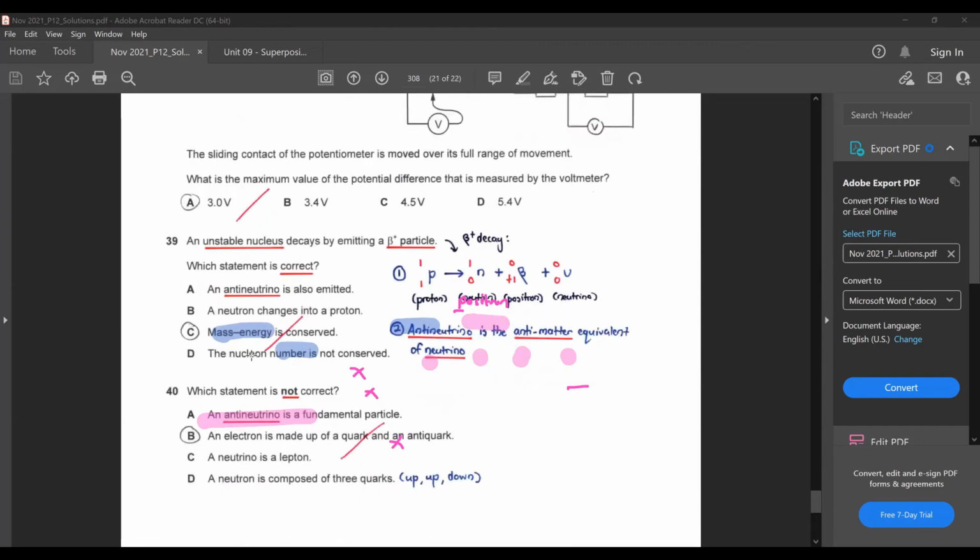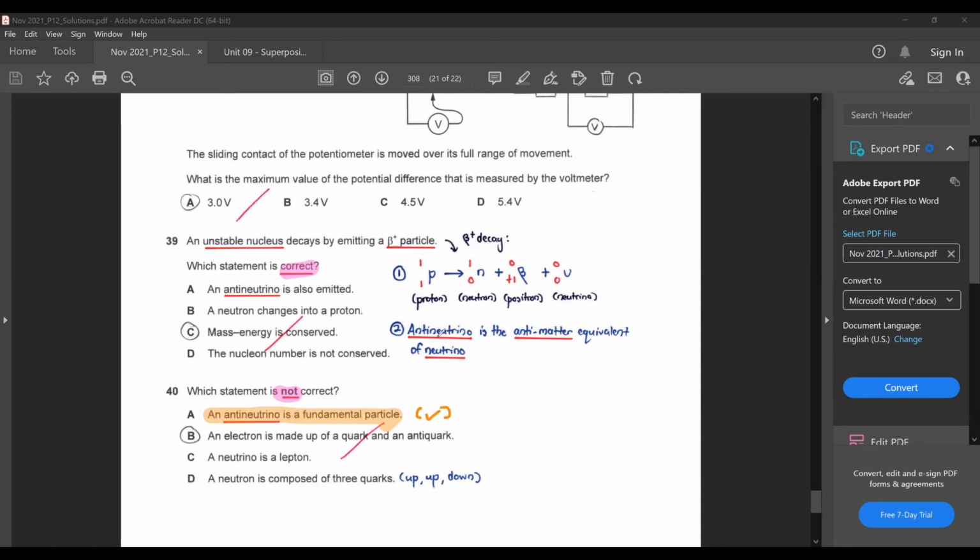And then 40. Which statement is not correct? 39 asks you which statement is correct. 40 asks you which statement is not correct. Okay. So an anti-neutrino is a fundamental particle. Yes, that is correct.